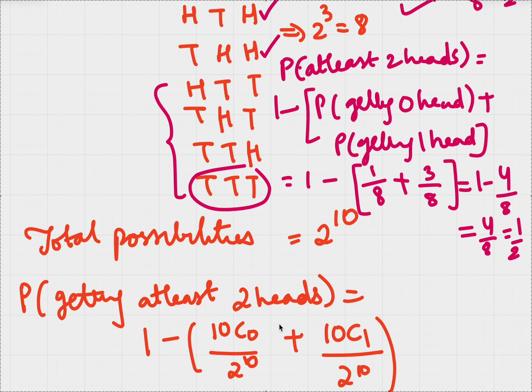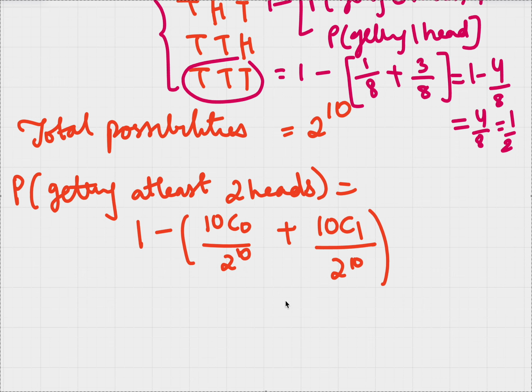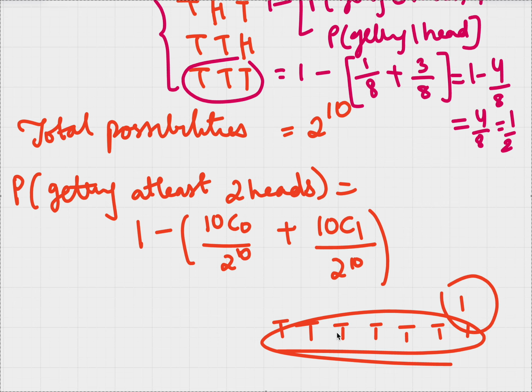So why 10C0 as a favorable outcome? Because there is just one possibility where you have 0 heads, which is all tails.